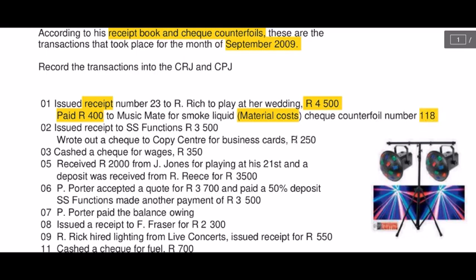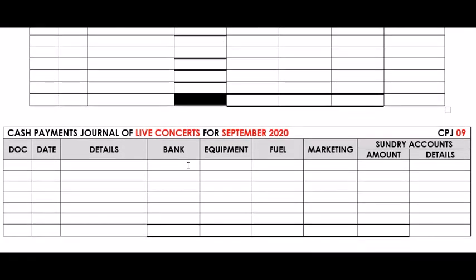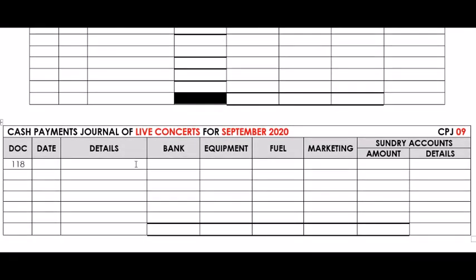Okay, so this is a CPJ transaction. The document is number 118, because it was check counterfoil number 118. It's on the 1st. We are paying Music Mate. The value must go to bank, and they specified for us that smoke liquid is material costs.